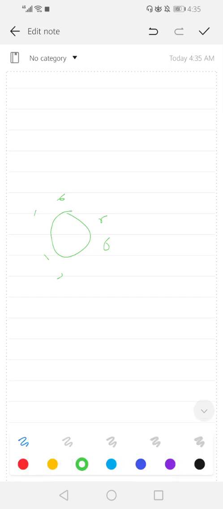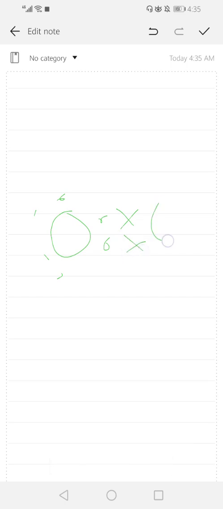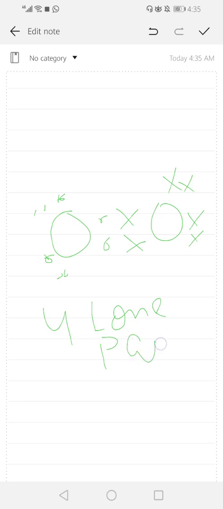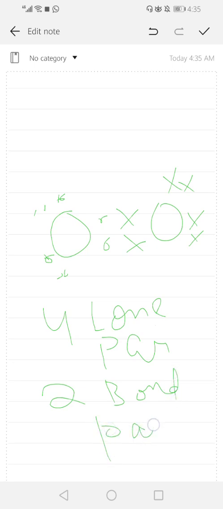So when the two electrons are shared with the next oxygen, their octet is completed. So the oxygen molecule has 4 lone pairs and 2 bonding pairs. Oxygen has a total of 6 electron pairs, of which 2 are bonding pairs and 4 are lone pairs. We can say that oxygen has 2 covalent bonds.